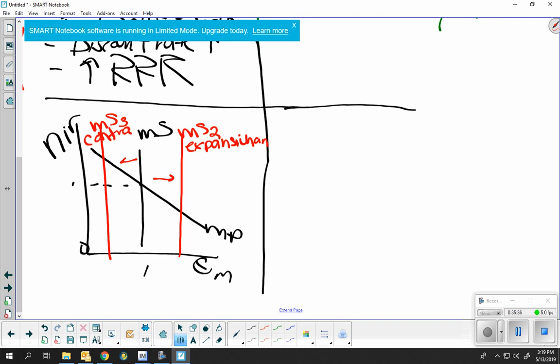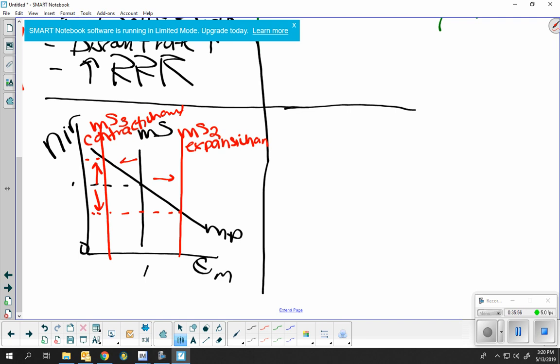Does it matter if it's discretionary? Yes, it does. This is under discretionary for both. MD is money demand, and because discretionary monetary policy shifts money supply.